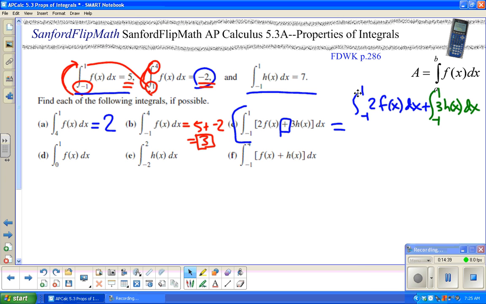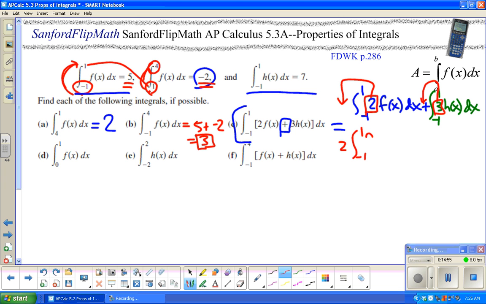You must have the dx's on the end. That's proper notation. Don't leave them off. Now I have a property that says if I have a number multiplying, I can bring it out. So I'm going to do that. So 2 times the integral from -1 to 1 of f of x dx plus 3 times the integral from -1 to 1 of h of x dx.